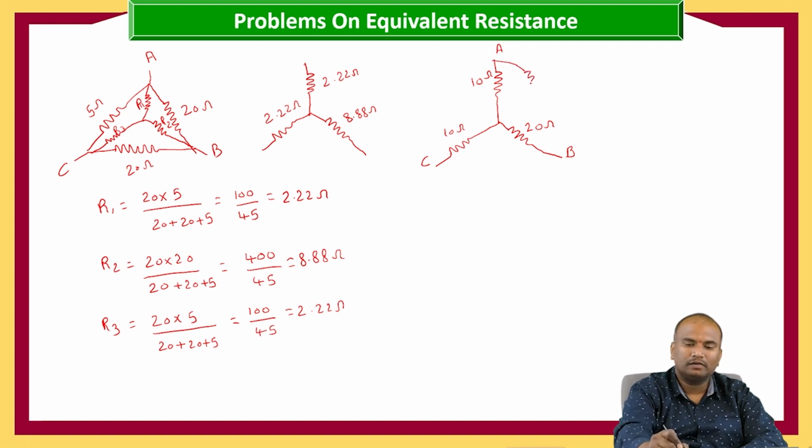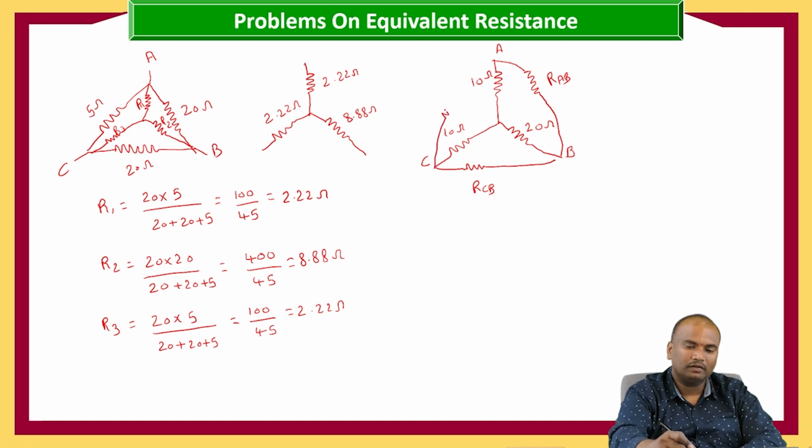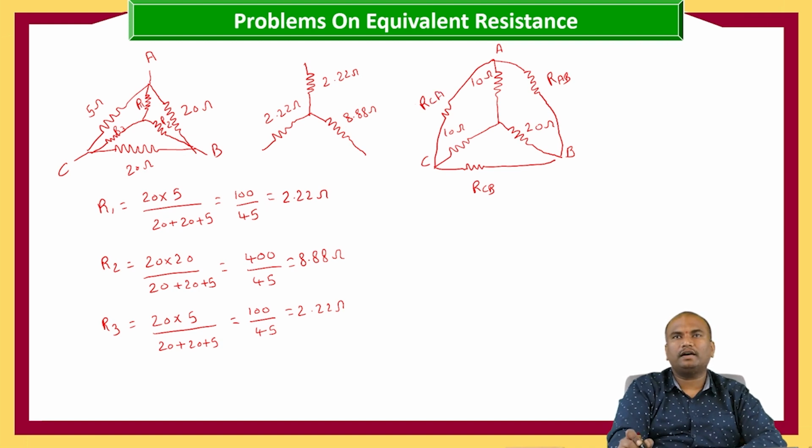Here, this is the RAB, RCB or RBC, and this is the RCA. So these are the delta values, how we are going to replace.